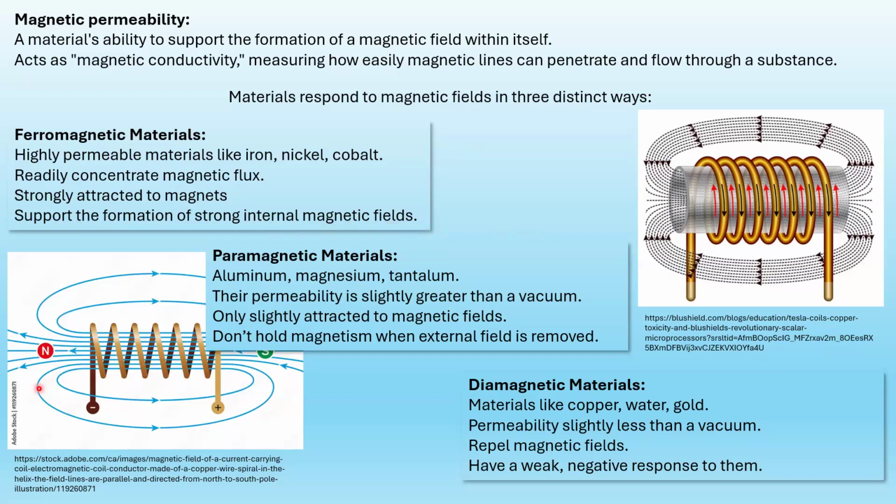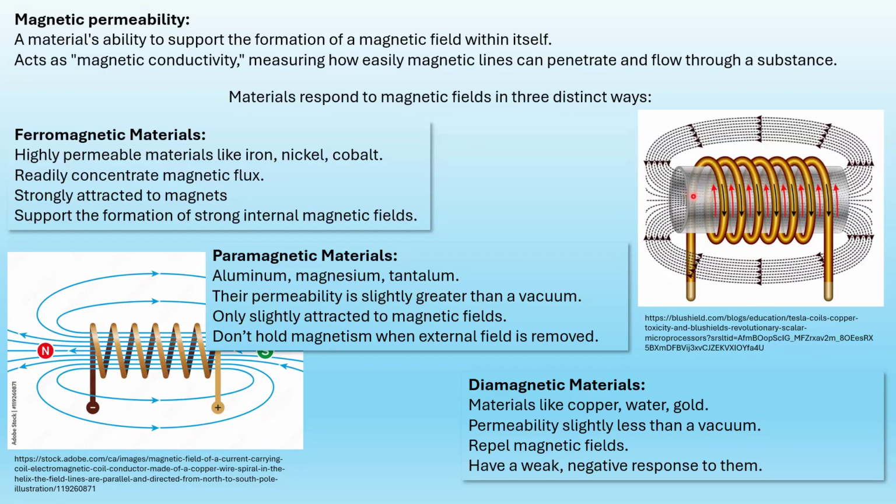Look at these two pictures here. Here is a coil wrapped around nothing, and here's a coil wrapped around a piece of iron. Over here, the magnetic lines go from north to south on the outside and from south to north on the inside, and they form kind of a natural uniform pattern here.